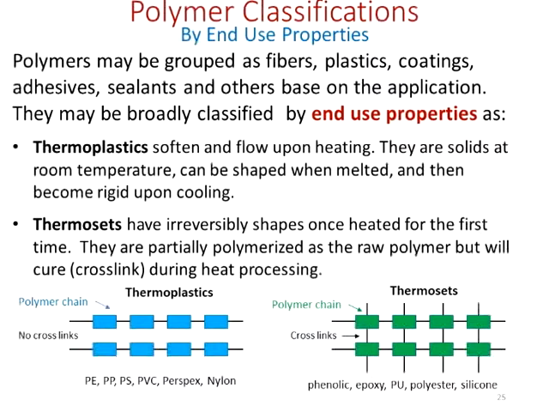So during the heating, they have this ability to be partially polymerized. You heat it up, and then it gets its final shape when it's cured or cross-linked. What does that mean? Take a look at the diagram. A thermoplastic will have chains that run as shown here, and between these chains are no cross-links.